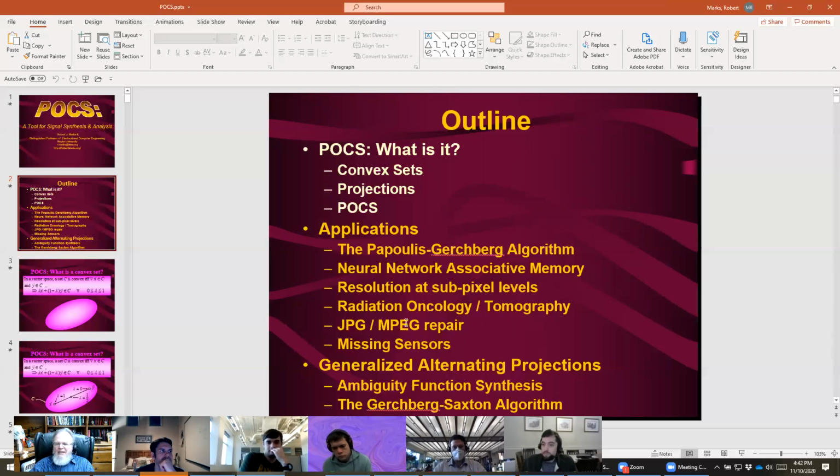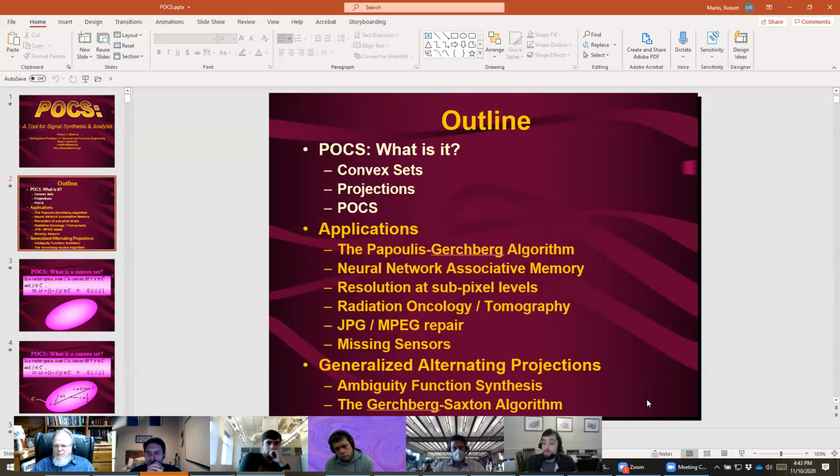We'll look at radiation oncology, JPEG and MPEG repair, looking at missing sensors, and then we'll look at a generalization of alternating projections into the area of ambiguity function synthesis, and Gerchberg-Saxton. Gerchberg-Saxton, for example, was an algorithm which was used in space when the Hubble telescope first went up, and they found out that they had a design flaw in the mirrors.